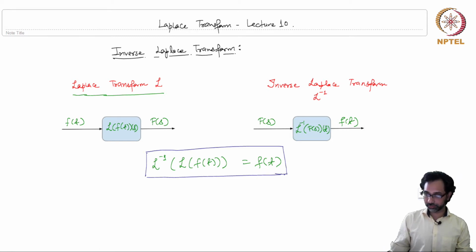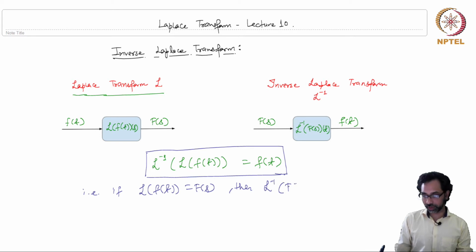So in other words, this means that if the Laplace transform of a function f(t) is equal to F(s), then the inverse Laplace transform of F(s) is the function f(t) defined for t greater than or equal to 0.